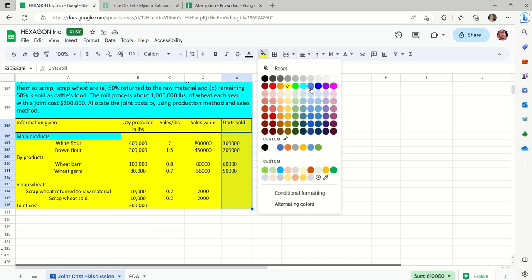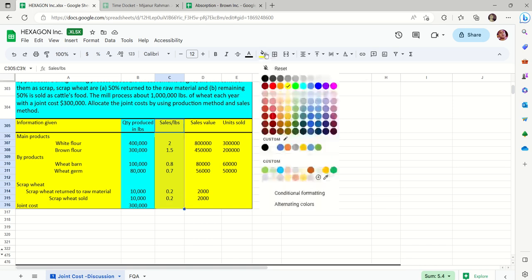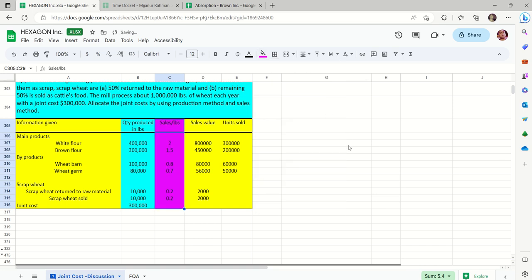I'm going to highlight that in magenta, so you can see where I can choose magenta. And then the company has byproducts as well. These are the information that is given to us. Again, this row right there shows how much amount the company produces. And this row highlighted in magenta shows the sales value per pound in the market.